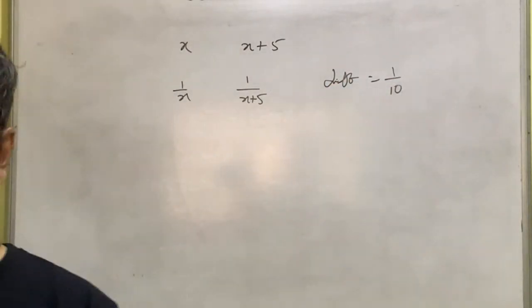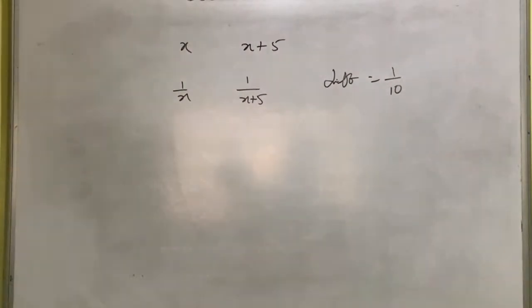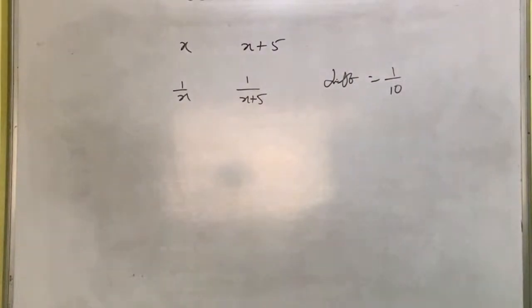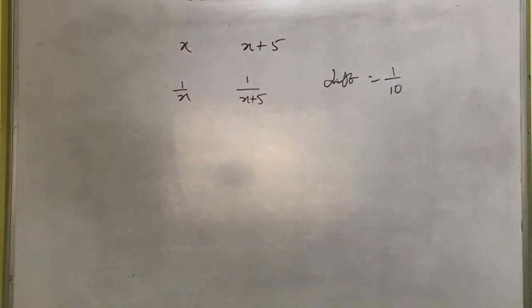Okay. Now how to write the equation? Can anyone say? How to write the equation? Anyone? Let one number be x, the other is x plus 5.